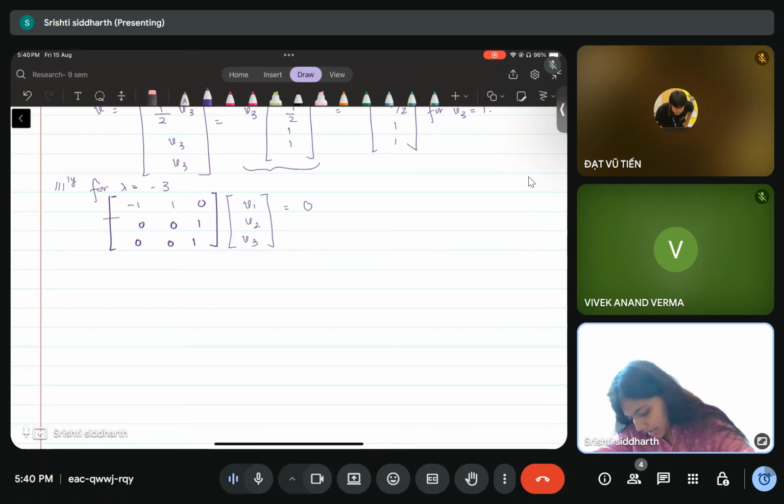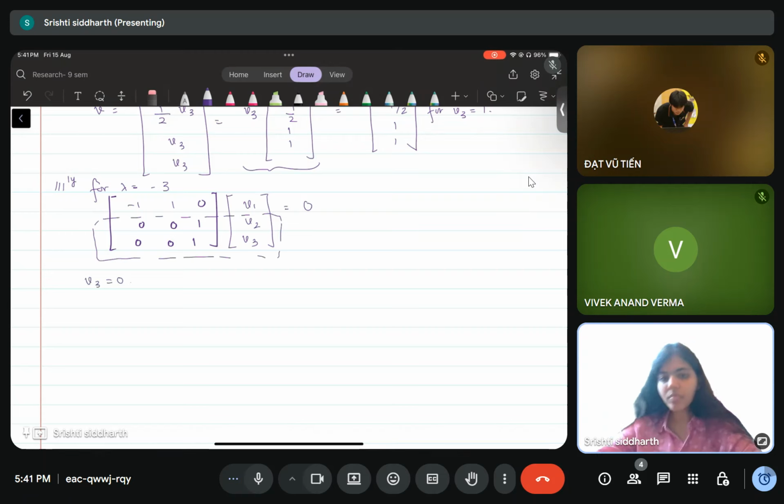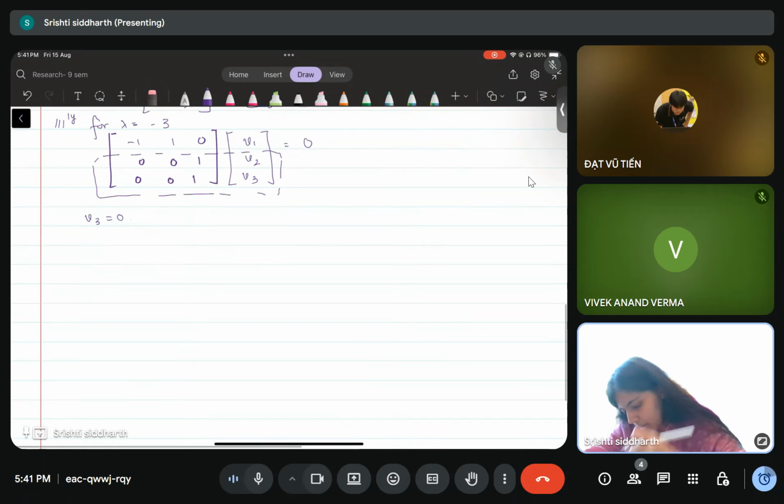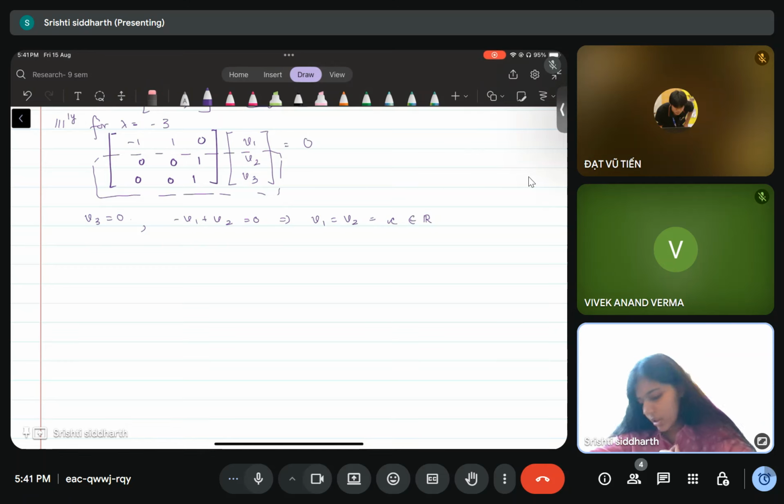You can observe that this leads to V3 equals 0, and the first equation is minus v1 plus v2 equals 0, which implies v1 equals v2, say some constant c in R. So the eigenvectors for lambda equals -3 look like k, k, 0. You can just take the simplest case, k equals 1, which gives 1, 1, 0.